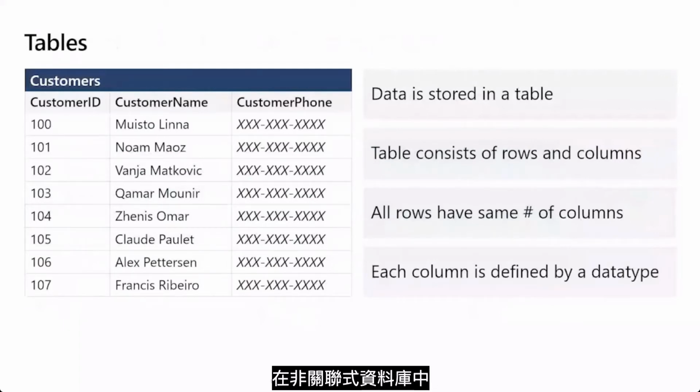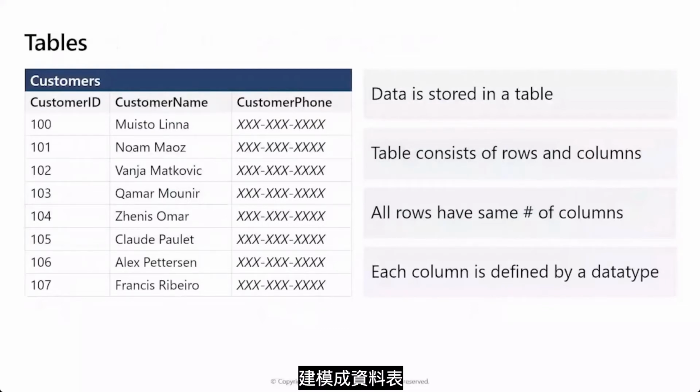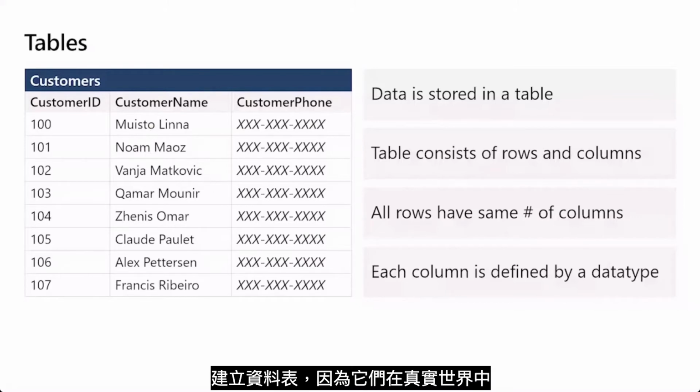In a relational database, you typically model collections of entities from the real world as tables. So for example, a customer is an entity, therefore we create a customer table. An entity generally describes a thing about which we want to hold information inside a database. In the e-commerce example here, we might also create tables for products and orders because they are also entities in the real world.